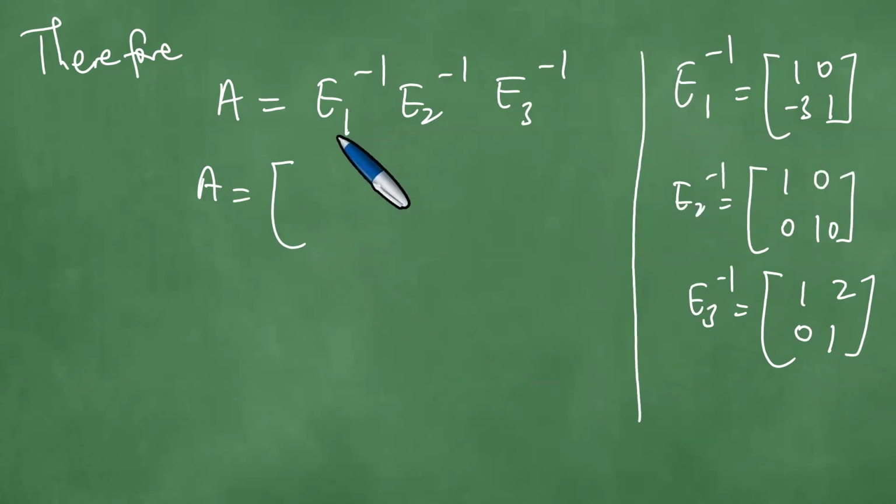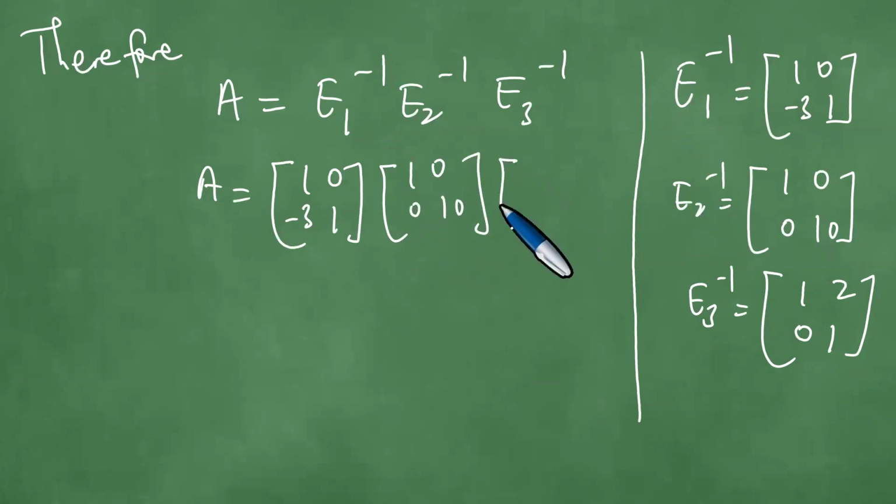But now what is E1 inverse? It's 1, 0, minus 3, 1. E2 inverse is 1, 0, 0, 10. E3 inverse is 1, 2, 0, 1. Okay, so this has allowed us to write A as a product of these three elementary matrices.